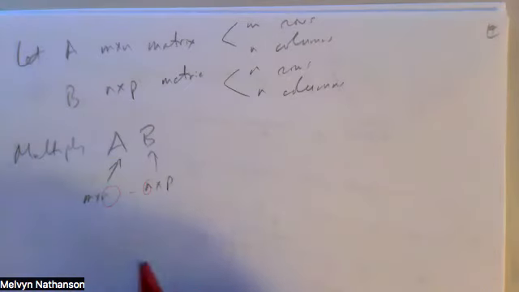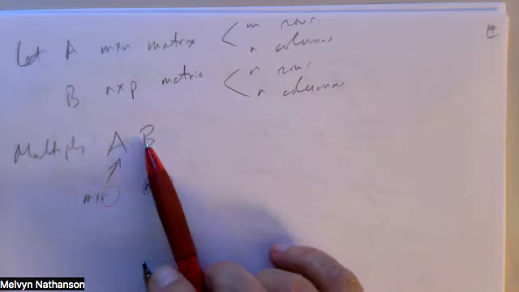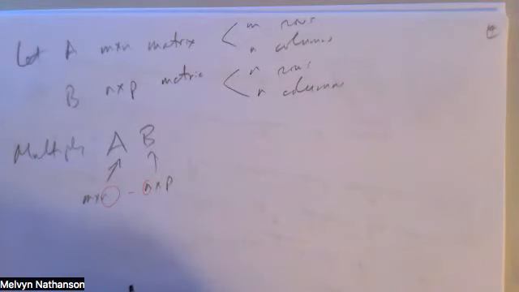These two numbers are the same. The number of columns of the matrix on the left equals the number of rows of the matrix on the right. And let me start with a simple example.